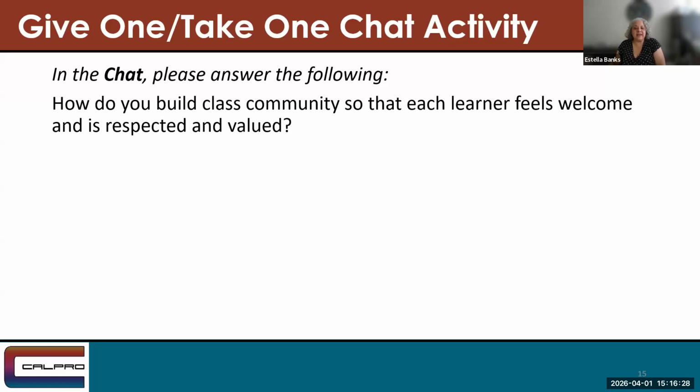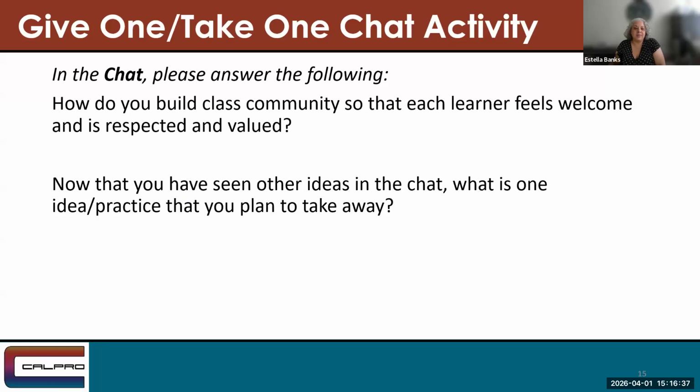So now that you've seen and heard what your colleagues have mentioned in the chat, what is one idea or practice that you plan to take away? You can share your idea in the chat as well. So coffee, tea corner. Yes, very powerful. Breaking of bread, sharing food is always a great way to get people talking.